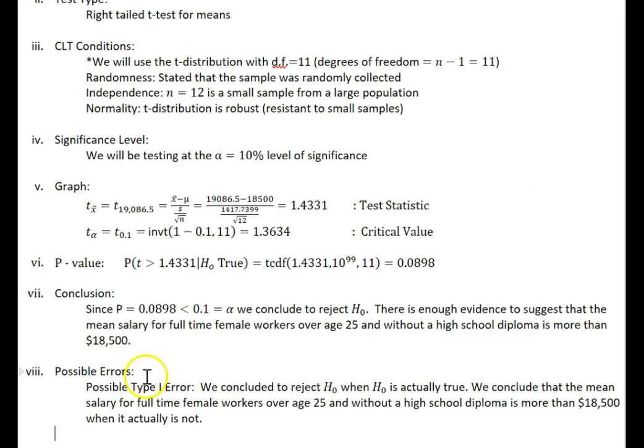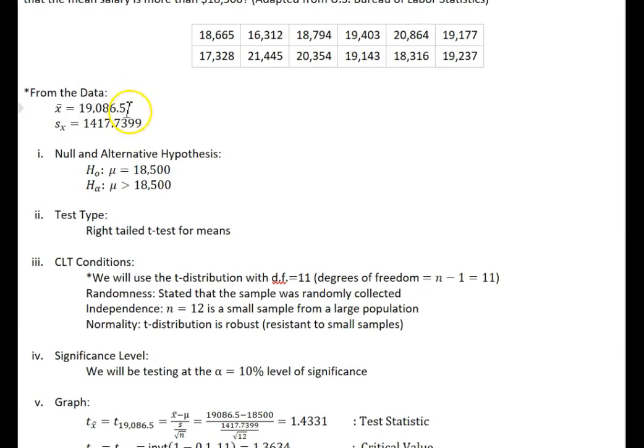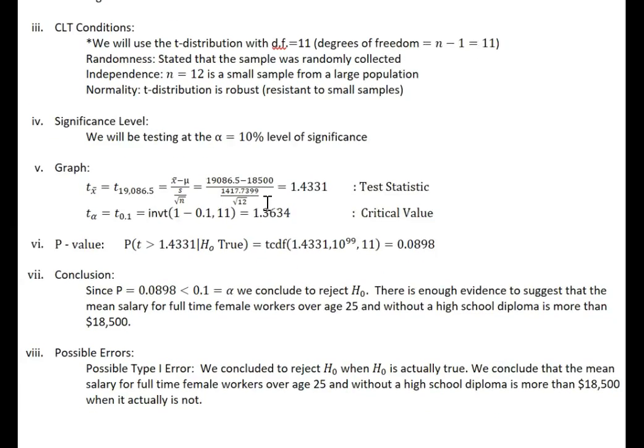Okay, so to finish up the problem, I have a possible type 1 error, meaning that we concluded to reject the null hypothesis when in fact the null hypothesis was actually true. This is a possible error we could have made because my conclusion was to reject this original claim, and to assume that this alternative claim is true or more likely to be true, right?